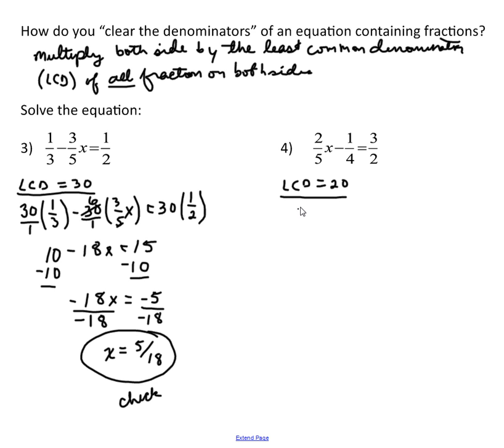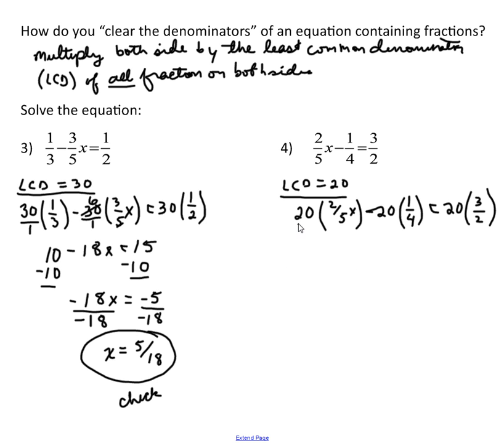So let's multiply that on each term on both sides of the equation. So we're multiplying 20 times 2/5 x minus 20 times 1/4 equals 20 times 3/2. Well, what's going to happen right here? 20 times 2/5.